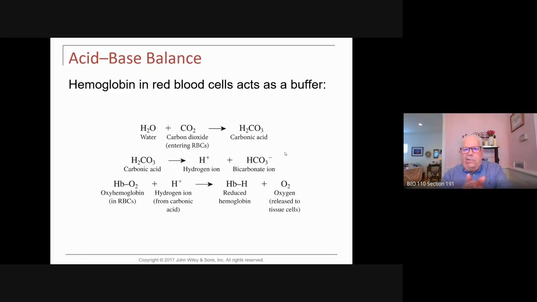Now, I want you to look at a very common formula. You're going to see this formula until you're sick of it. H2O plus CO2 equals carbonic acid. And the enzyme that catalyzes this was a question on exam number 2. And the answer is carbonic anhydrase.